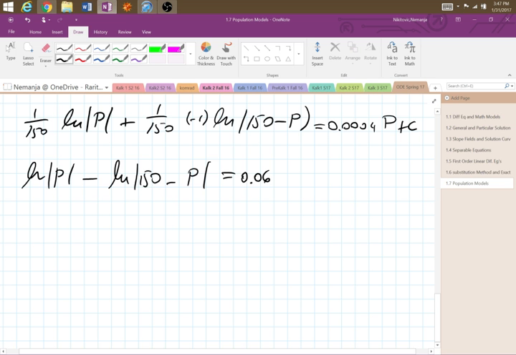That's what we get when you multiply the decimal number by 150, you get 0.6. Then you have your P plus C, 150C, that doesn't change. You put the ln's together, which is P over 150 minus P, equals 0.06P plus C.